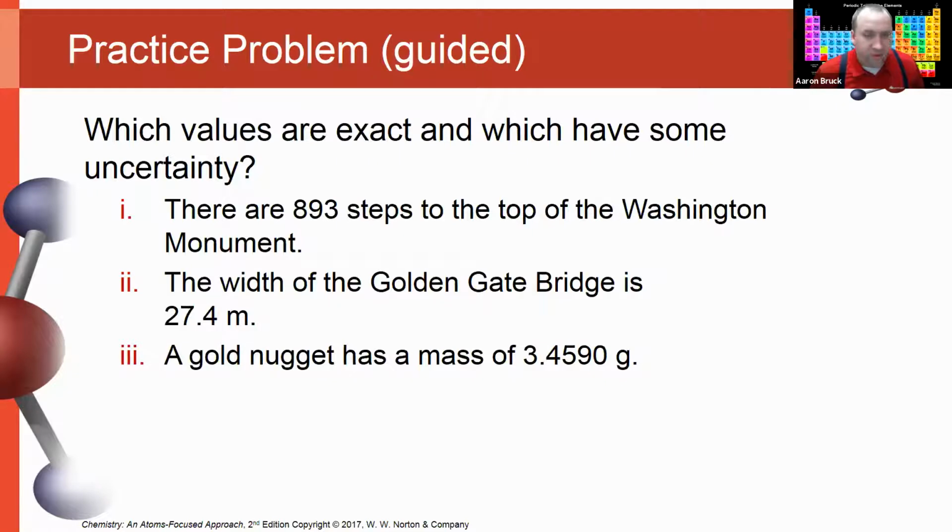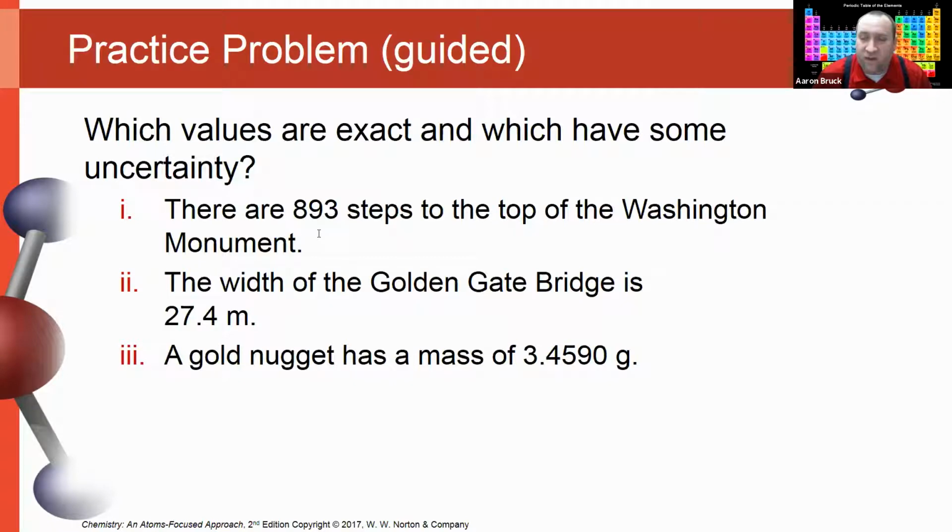So with that in mind, another practice problem to consider. Again, pause the video here if you want to try to work these out for yourself before getting the answers. I'll go ahead and let you stop. And so of these three things, which are exact values and which ones are uncertain values? Well, again, anything that we can count is an exact value.